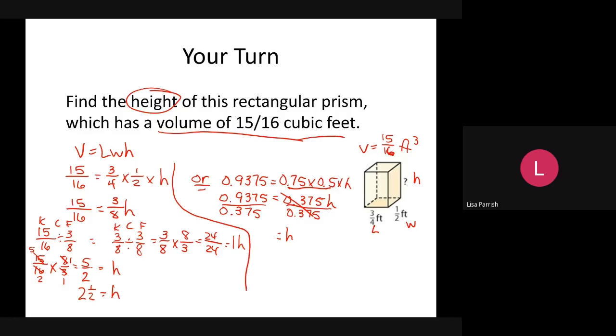So in my calculator, I'm going to type in 0.9375 divided by 375 thousandths, and you get 2.5, like we did over here. That would be feet. So either way, you get 2.5 feet. Whichever way you think is easiest on a fraction, doing it by hand or turning them into decimals, you've got options there.